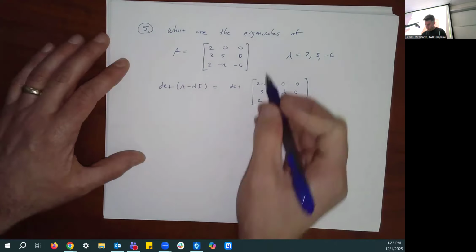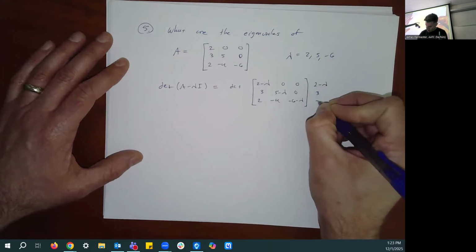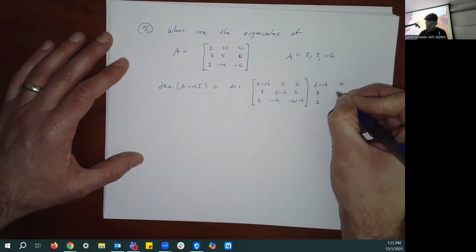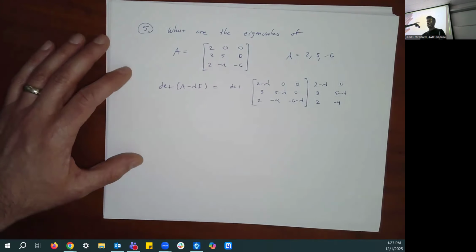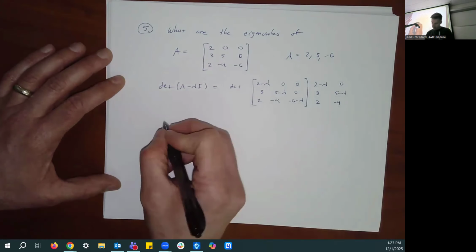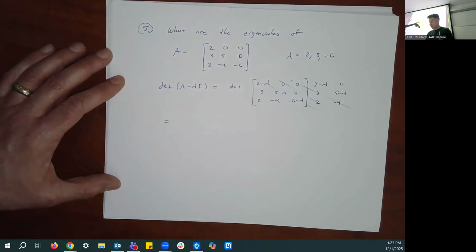I'm going to copy down the first two columns. It's kind of a lot. 2 minus lambda, 3, 2, 0, 5 minus lambda, -4. But now look what happens when I multiply this all out. It's going to be that plus that plus that, but the second two things are zeros.